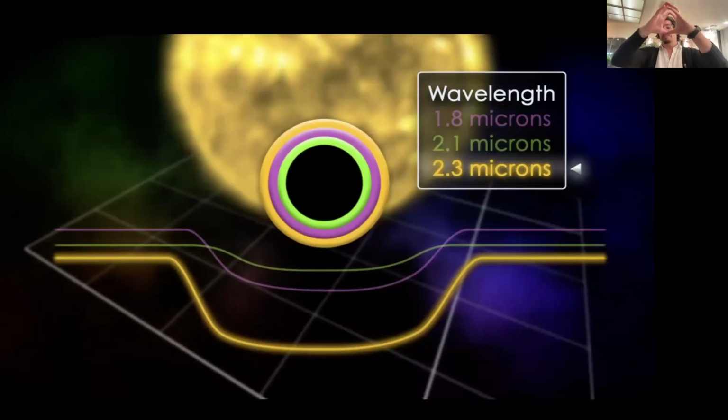So what we do is measure the size of the planet, or the size of the transit event, as a function of different colors of light. And whenever you have a big radius at a given wavelength, at a given color of light, that means that you have an absorber and you might have a molecule in that color of light. That's what we're trying to hunt with this kind of observation. So measuring these transits at different colors of light. And this is exactly what James Webb is able to do very precisely.